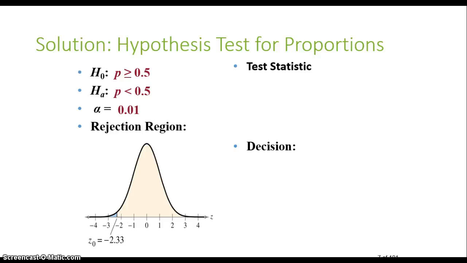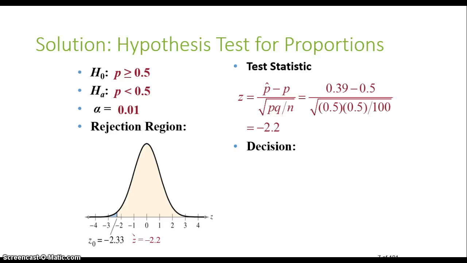So let me hit the arrow. And basically, if we plug this stuff in by hand, 0.39 represents the sample proportion, 0.5 is the hypothesized proportion we think it is, divided by the square root of our hypothesized p, which is 0.5, times its complement, which is also 0.5, divided by 100.